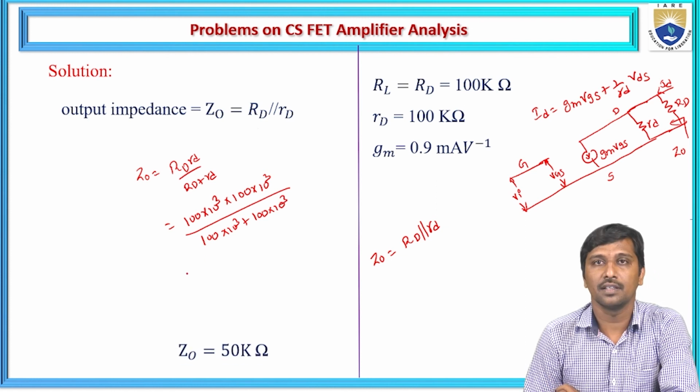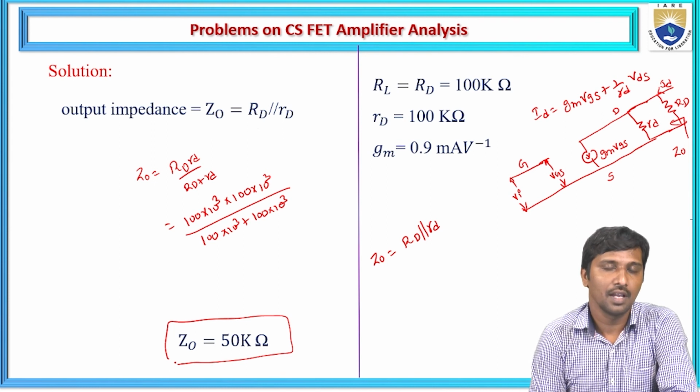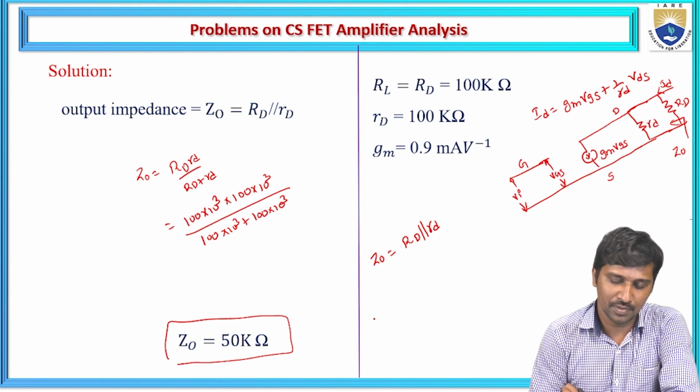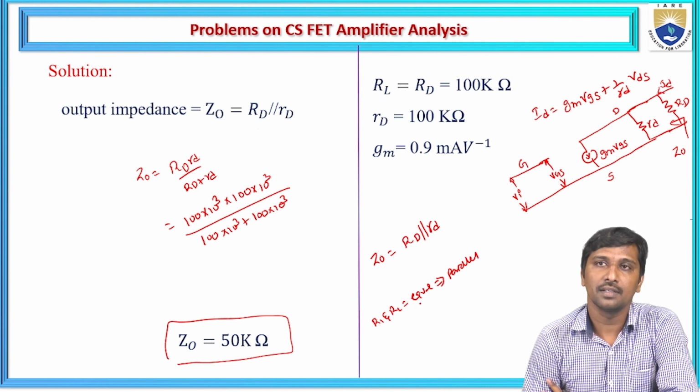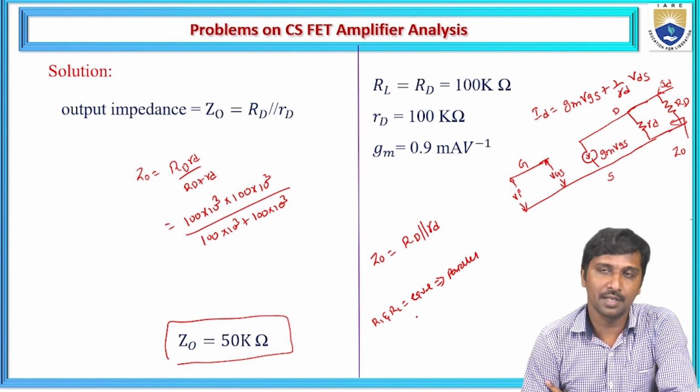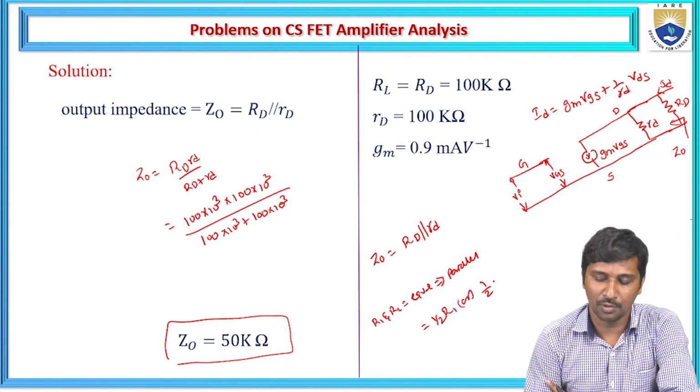If you solve this, the output impedance Z0 is equal to 50 kilo ohms. And we know that if two resistances R1 and R2 are equal and in parallel combination, the equivalent resistance is exactly half of either R1 or R2.